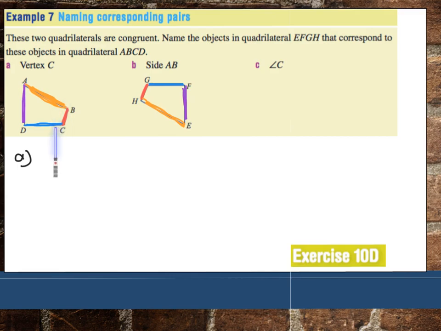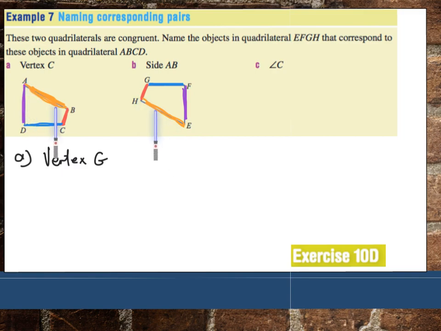So we look at the vertex between the blue and the red, and that is vertex G. So vertex C will be vertex G. Right, for side AB, it is pretty obvious now that you can see AB is over there, the orange line, and here it is HE.